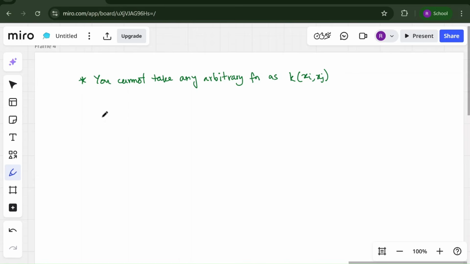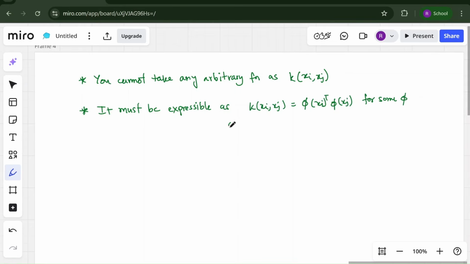It has to be such that it must be expressible as K(xi, xj) equals phi(xi) transpose phi(xj) for some phi, or equivalently, K must be equal to phi(X) transpose phi(X) for some phi. This must happen.